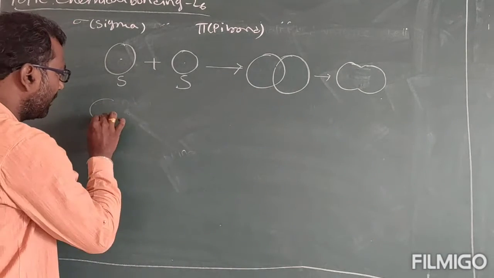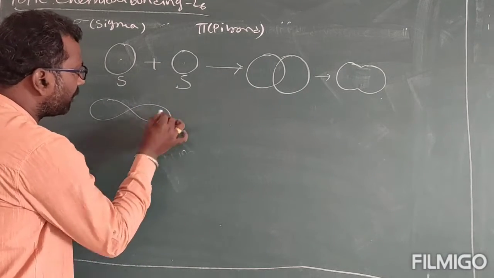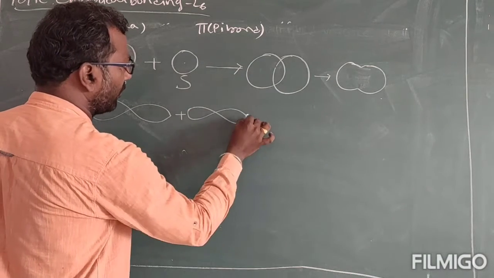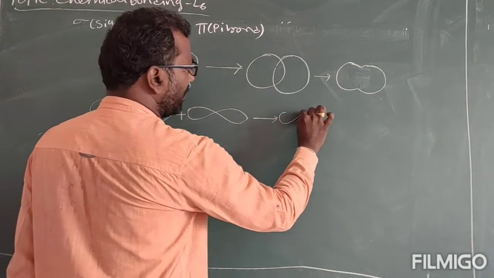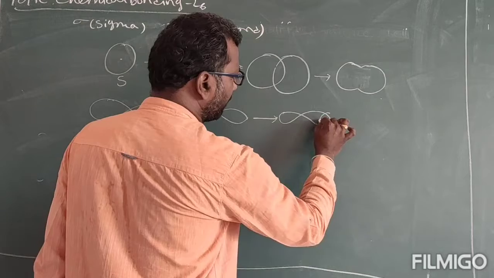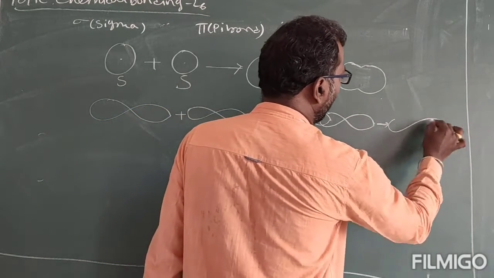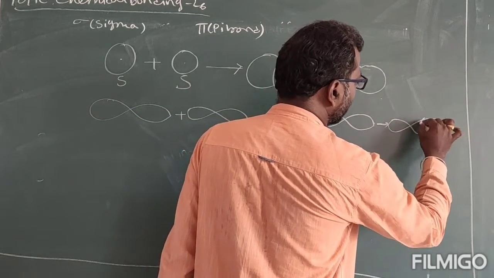This is the p orbital. These will overlap, and the shape will be like this.